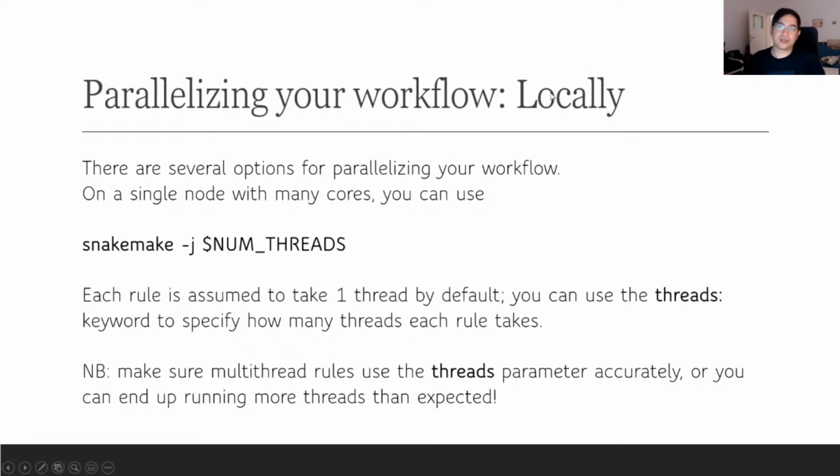Nowadays, most computers have multiple cores, and you can use these cores to run processes in parallel. So each job will get some number of cores. By default, this is 1. But if you use this threads directive, you can specify that, for example, your STAR mapper might want to use 24 threads.